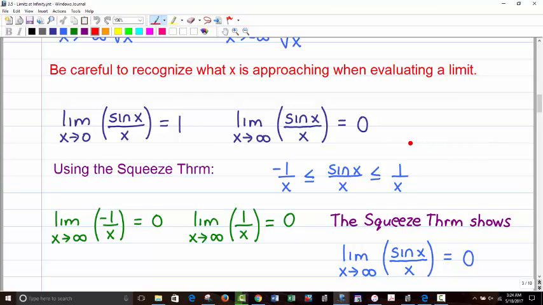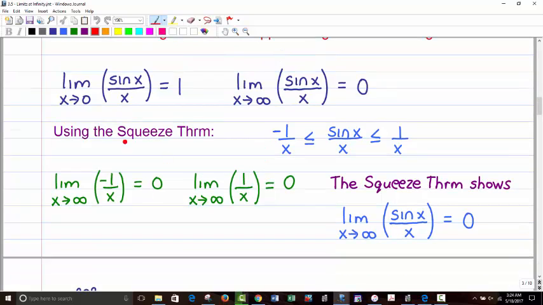But if you think about it, as you increase x, sine is just going to be somewhere between -1 and 1. It's always a numerical value between -1 and 1. So as long as x is going to infinity, that's going to make it go to 0. But to validate that further, this is a good use of the squeeze theorem.